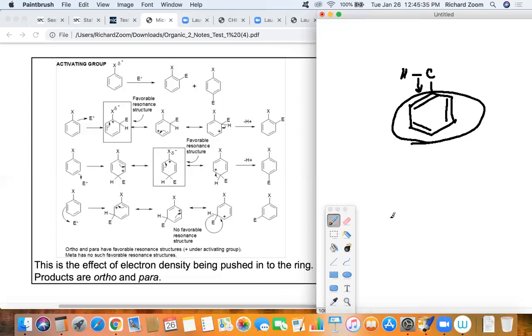I'm going to say a little bit more about the resonance arrows here and what they're doing.